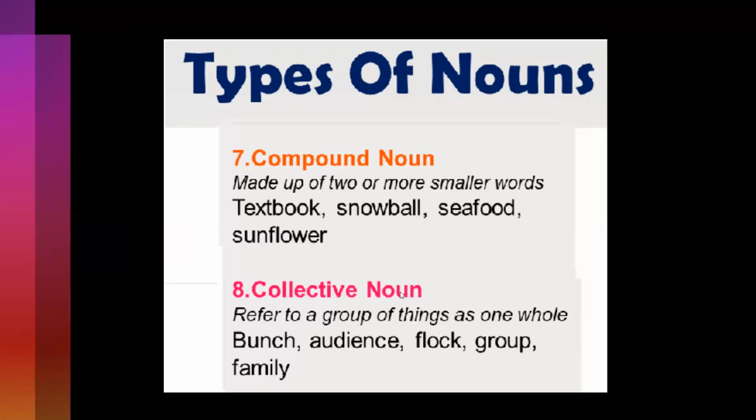And a collective noun refers to a group of things as one whole. For example, bunch. You can say group, you can say family. All of them represent a group of people or things.